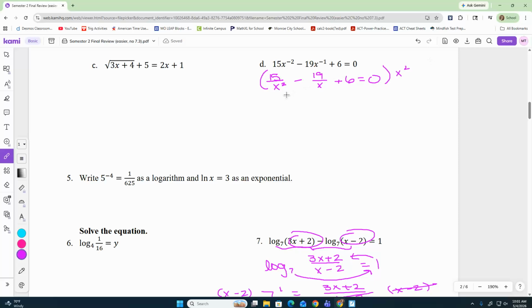So 15 over x squared times x squared is 15. 19 divided by x times x squared gives you 19x. 6 times x squared is 6x squared. 0 times x squared is 0. If we flip this around, now it's just become a slip and slide problem.